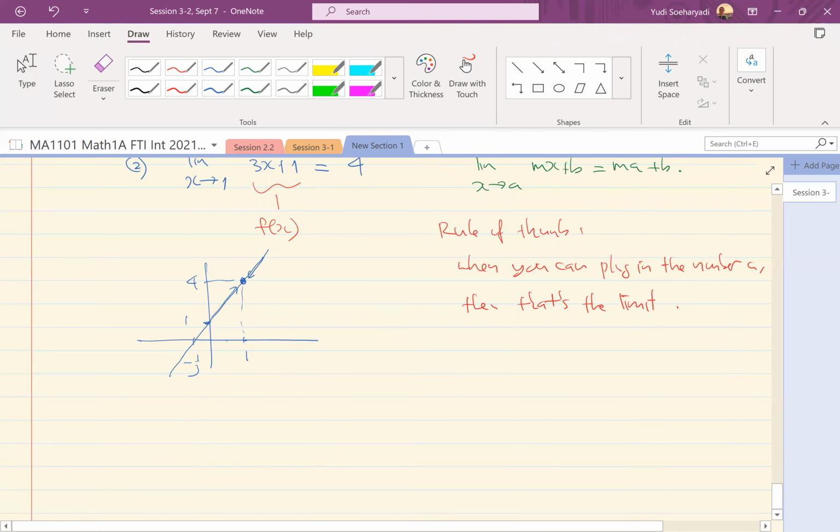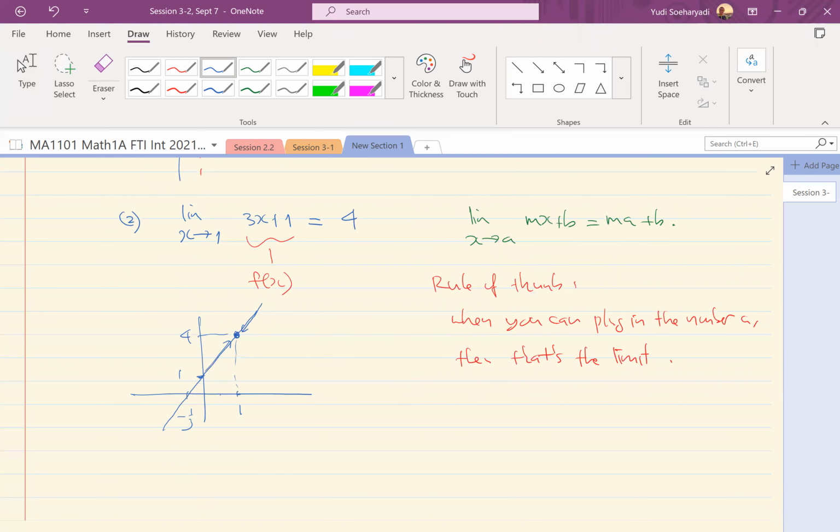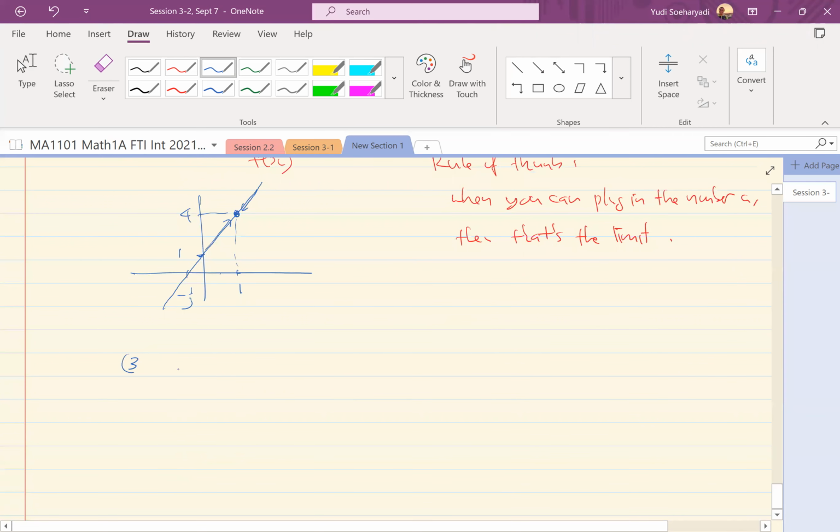So for example, you can have a more complicated limit. So it's x to -2, say, minus 3x to the fourth plus 5x, and you try to plug in the number here. Of course, there's the value.